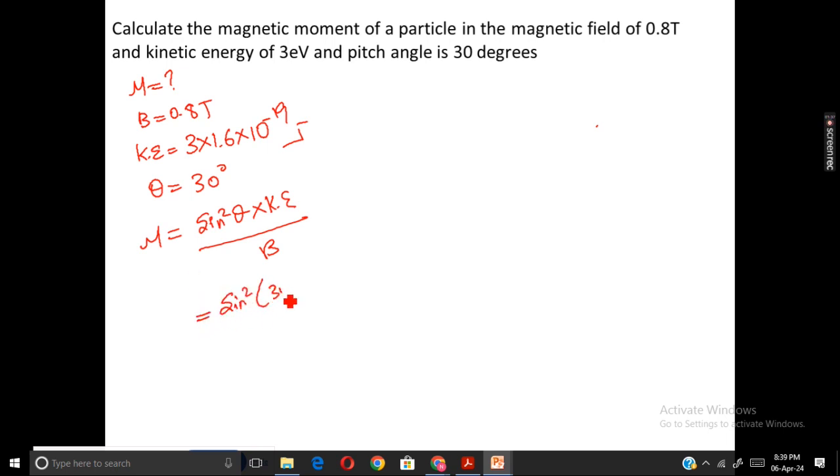Sine square of 30 degrees into kinetic energy, which is 3 into 1.6 into 10 raised to minus 19, divided by B, which is given as 0.8.